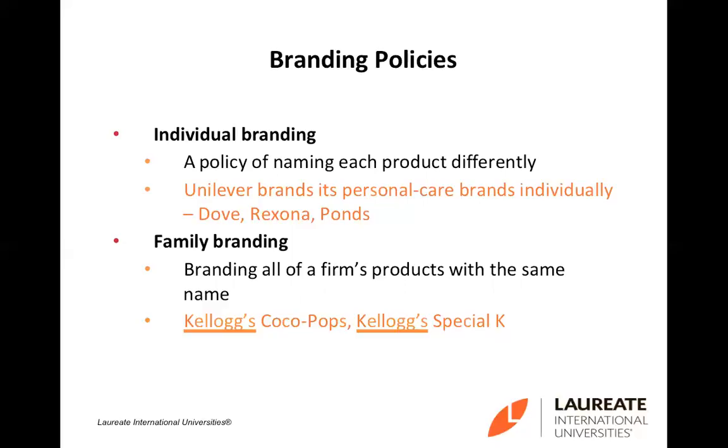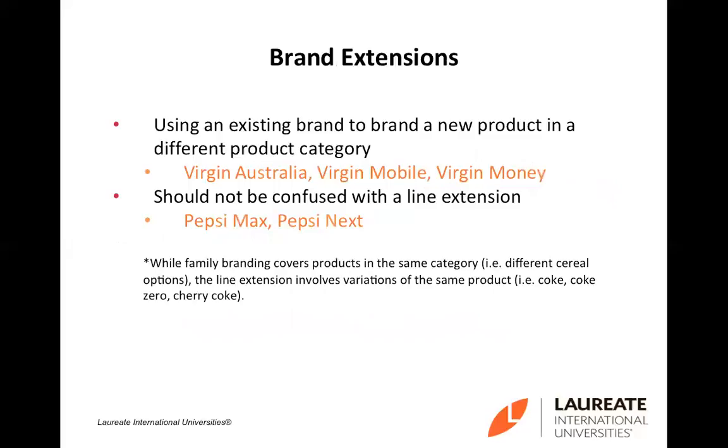If you look at Arnott's, for instance, they use Arnott's cookies, Arnott's chocolate chip cookies, as a family branding strategy, but they also use individual branding such as Arnott's Tim Tam. They also have shapes and so on and so forth. In saying that, they also have brand extensions, so they extend the brand into different product categories. Virgin brand, for instance, is in the airline industry, telecommunication industry, financial services industry, as an example.